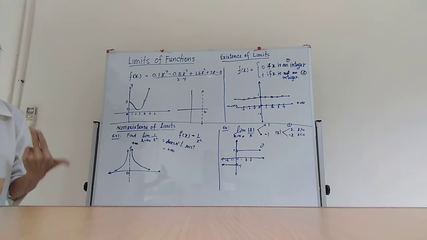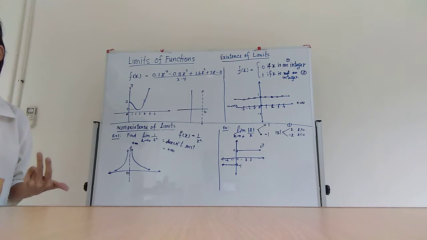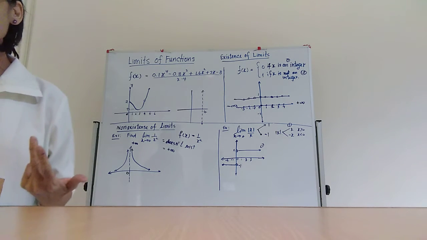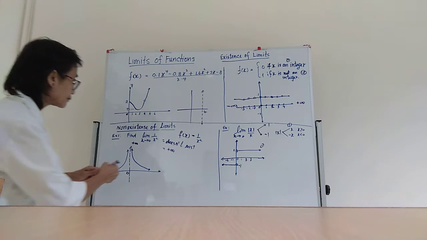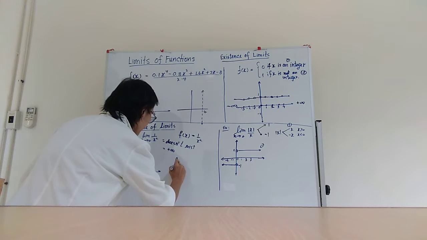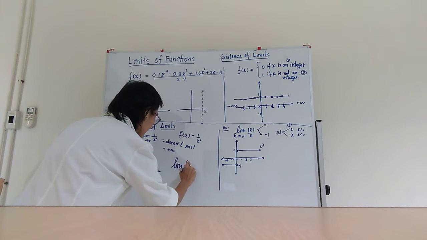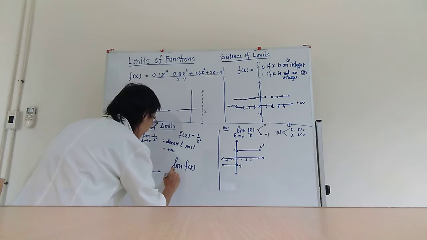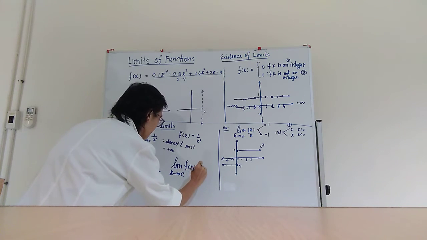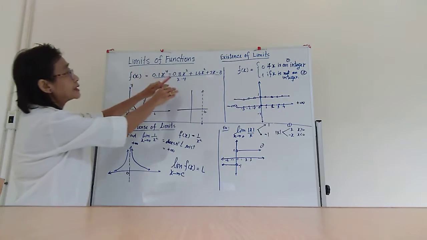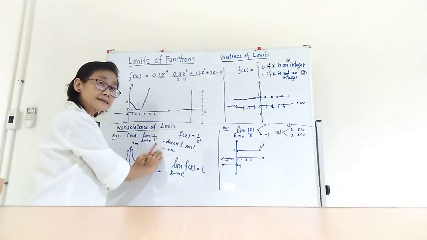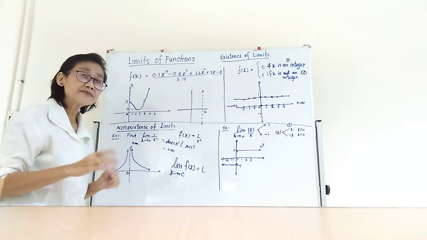Say the limit of function f of x when x approaches c is the number L. Then we can write this as the limit of f of x when x approaches c equals L. So from the examples, where the limit does exist and doesn't exist, now we can find out the definition of limit.